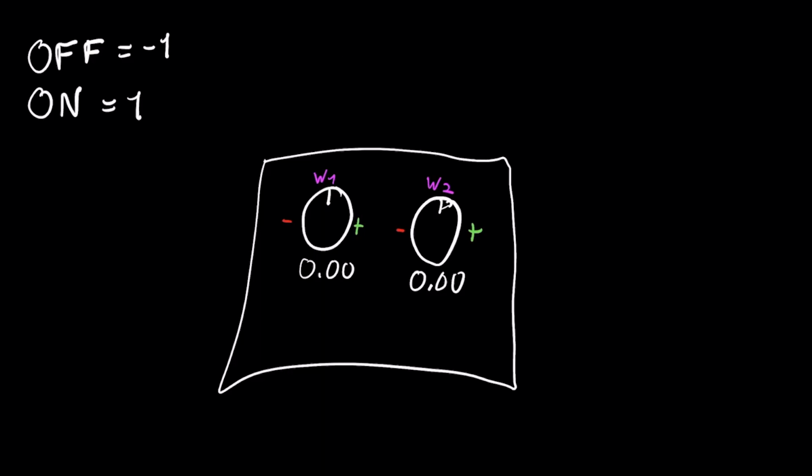So let's encode off as -1 and on as +1. And we can draw a table, but now with the numbers. So every possible combination of these numbers. And it's representing the same thing, just numerically, right? So there's 4 possible combinations.